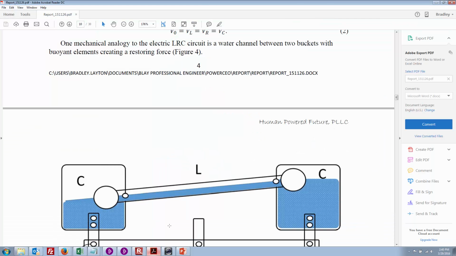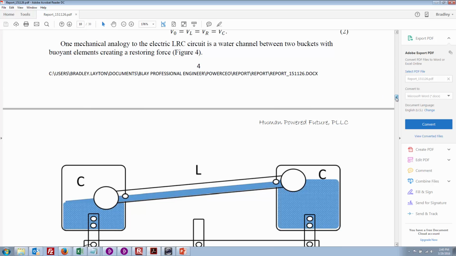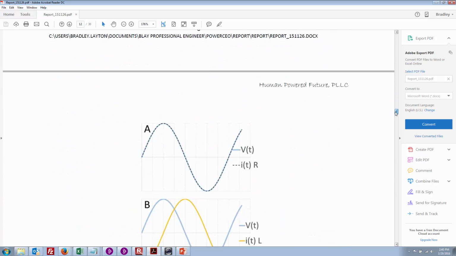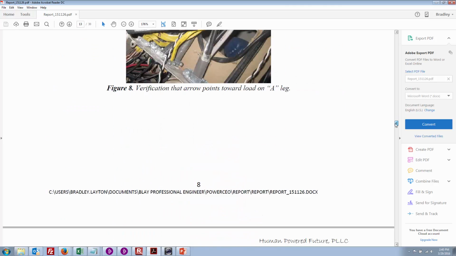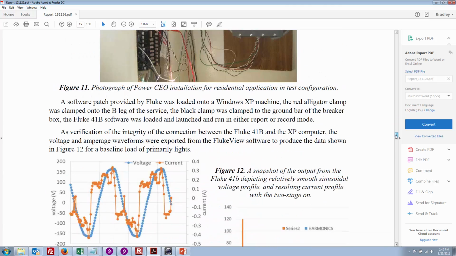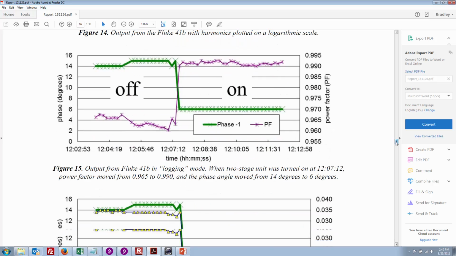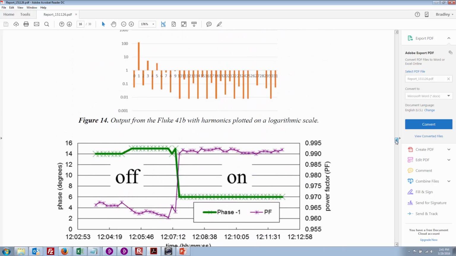let me just show you some of that briefly. I can show you some of the data that came out of this meter. I'm just going to show you one very simple thing that came out of the meter with a power factor corrector on.